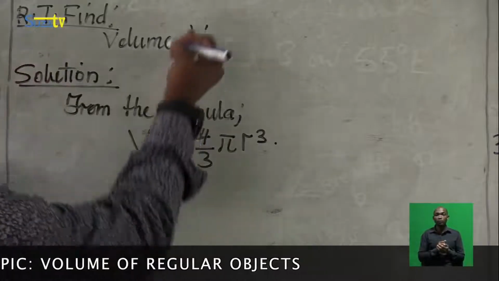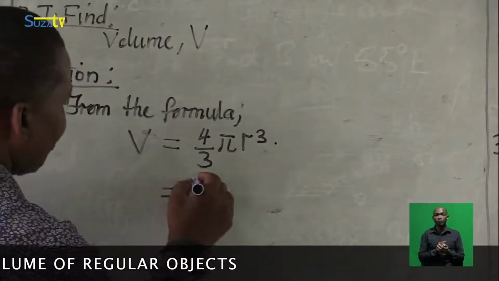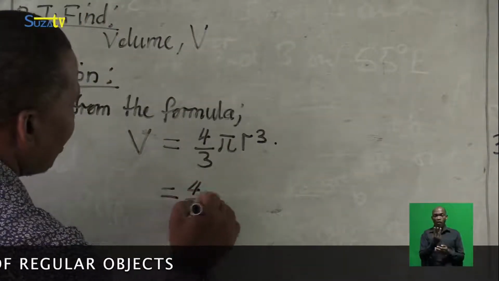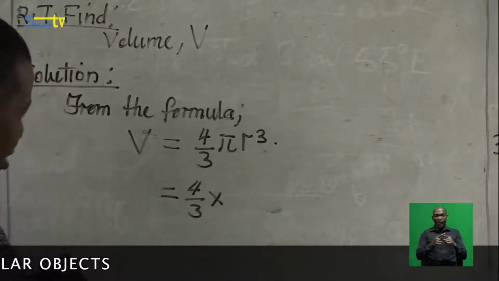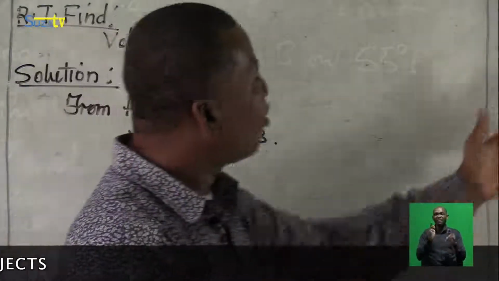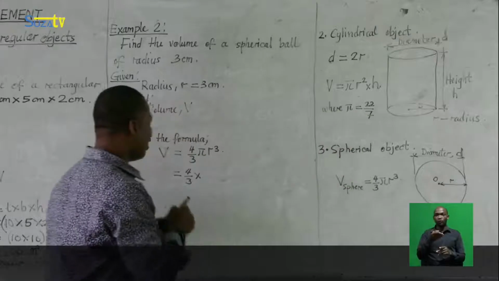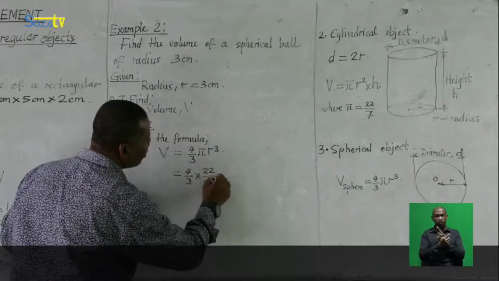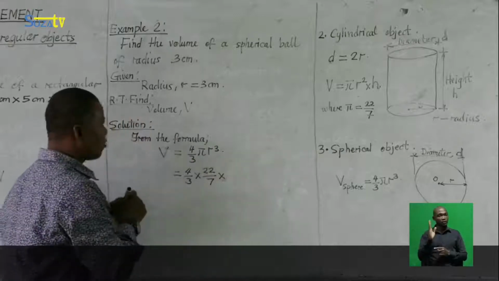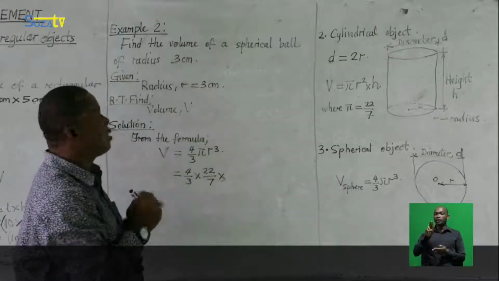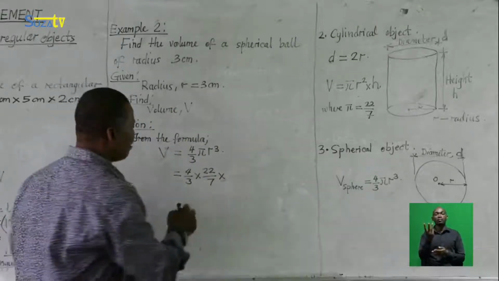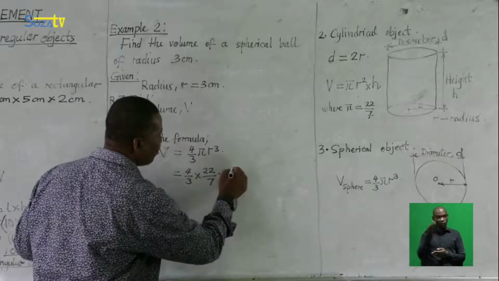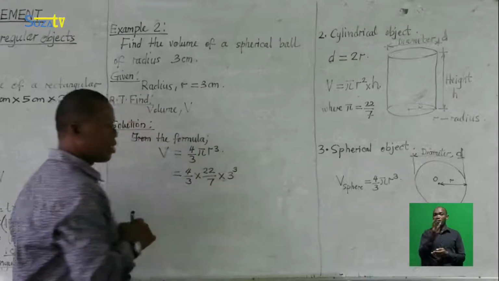Therefore, upon substitution of the given value, 4/3 times pi. What is the value of pi? The value of pi is 22/7, which is constant, times the radius. What is the radius? The radius is 3. But don't forget, this is the 3 cube.